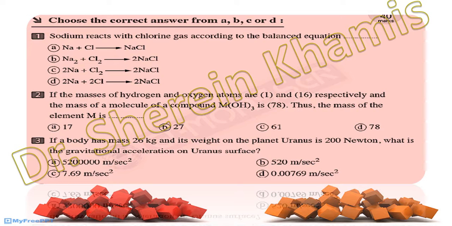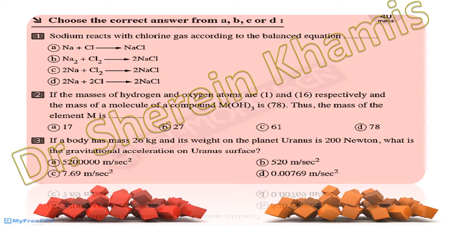So when reacting, we will write the symbol Cl2. If we make a reaction, we take Cl2 and we must take 2 atoms of sodium to make the equation balanced.